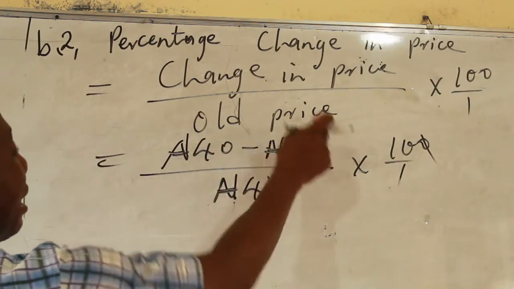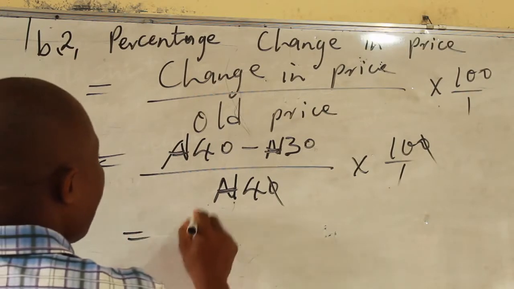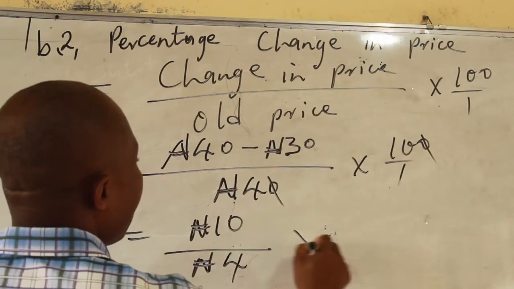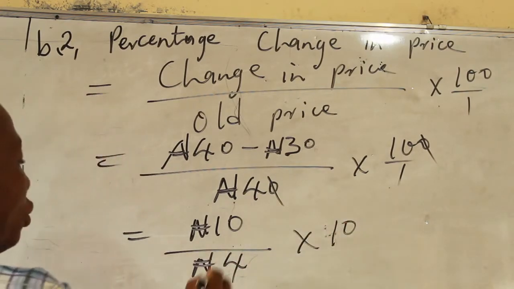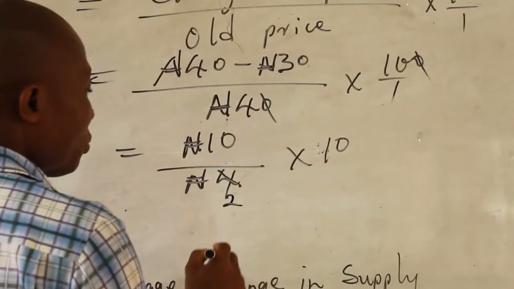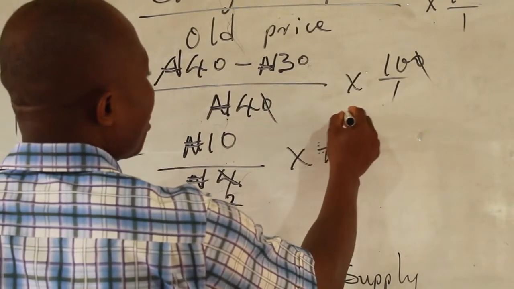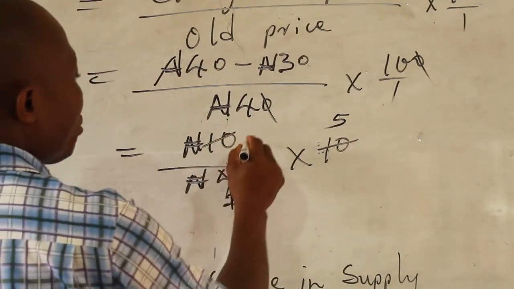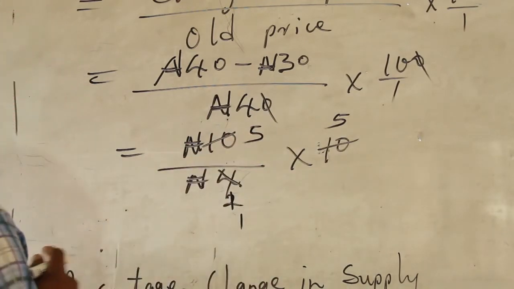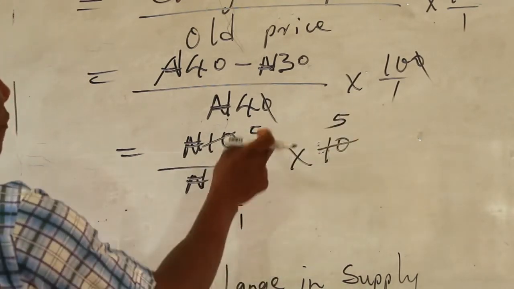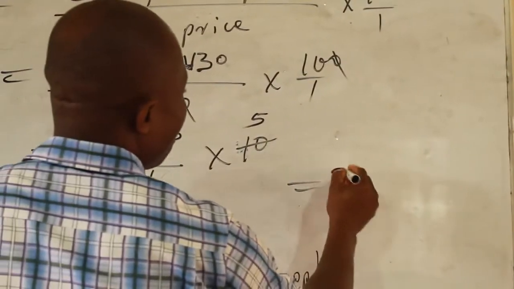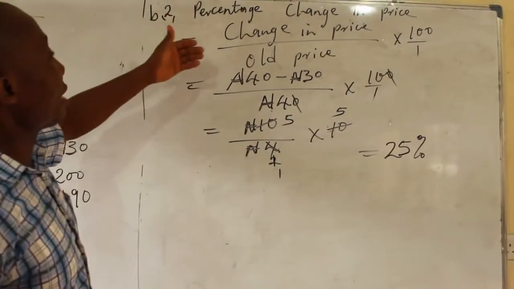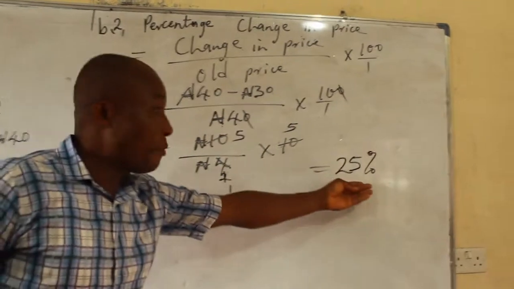And 40 naira subtracted from 30 naira gives us 10 naira all over 4 naira times 10. 2 can go into 4 to give us 2, and 2 can go into 10 to give us 5. 2 can also go into 2 to give us 1, and also into 10 to give us 5. Now we are left with 5 and 5, which will be 5 times 5, giving us 25%. Okay, now we are done with our B2, which is 25%.